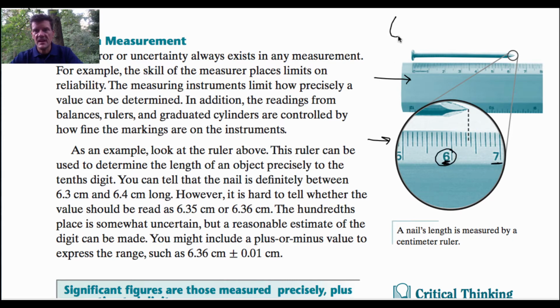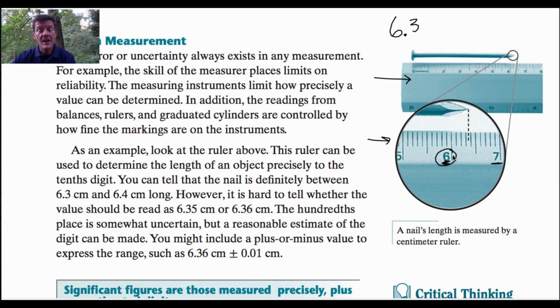I know that this nail is at least 6 centimeters. That's guaranteed. And then I have 0.1, 0.2, 0.3. It looks like I'm pretty sure that this is more than 0.3, but it's not quite to 0.4.